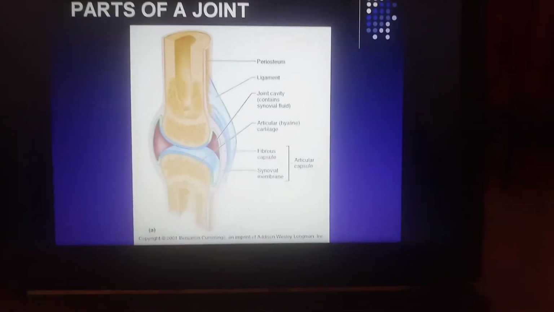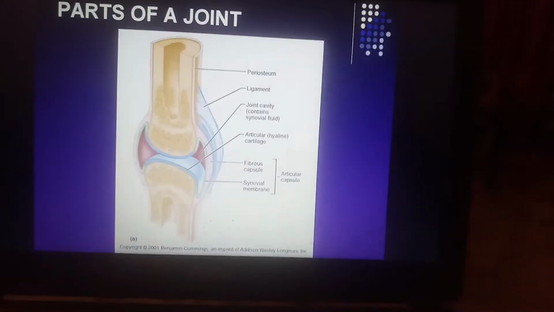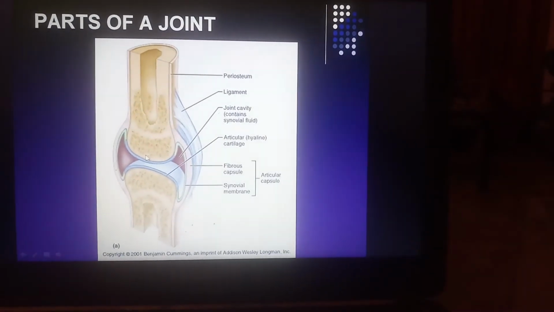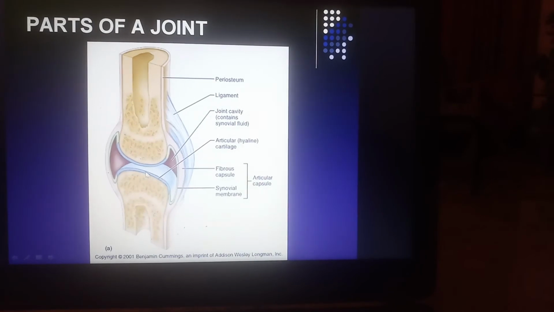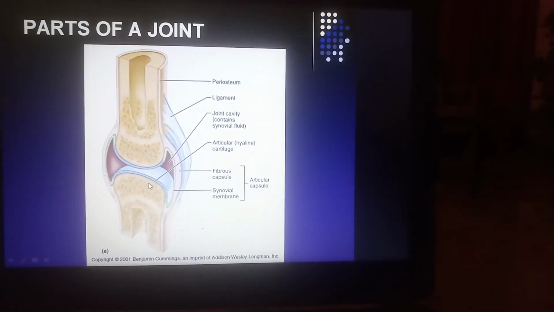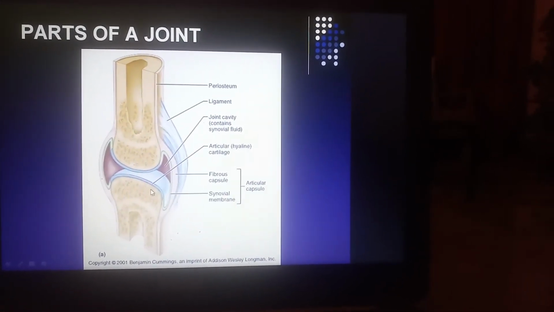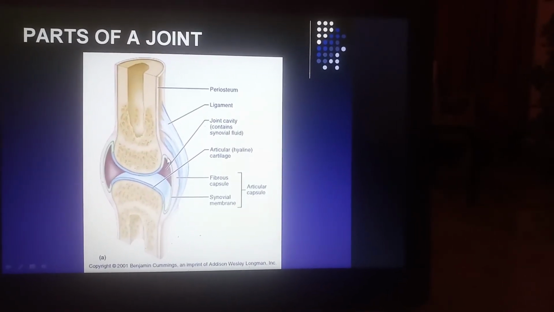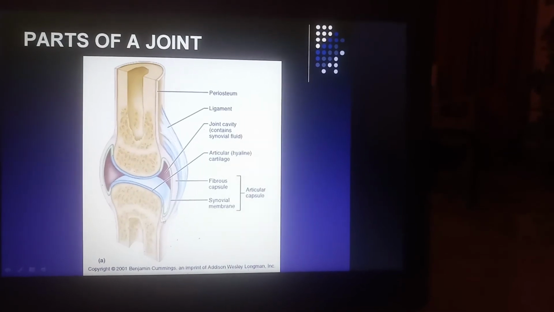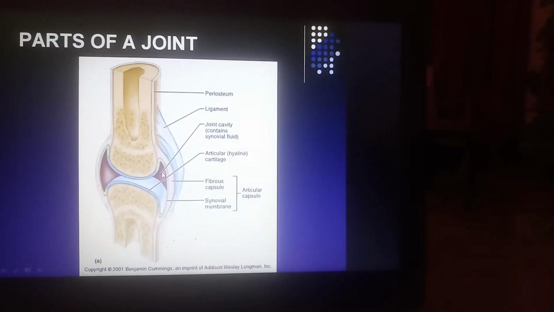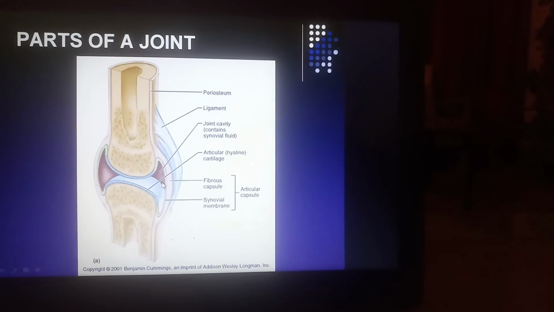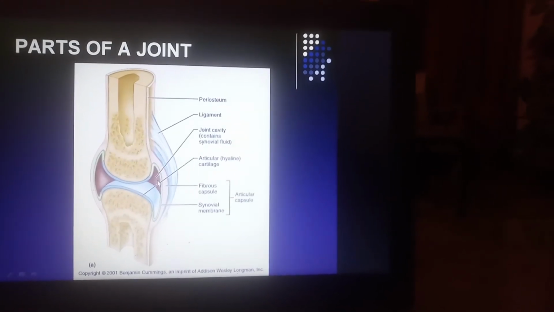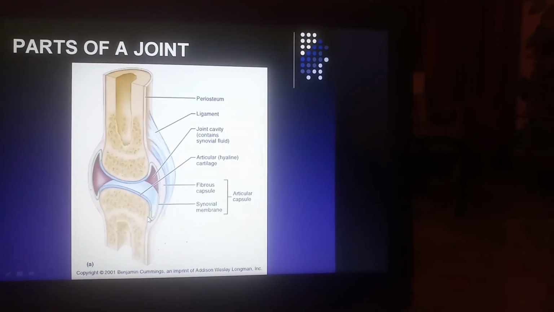So in this diagram you can see the parts of a joint. You can see here the articulating ends of the bone, which are covered by the articular cartilages, for example, the hyaline cartilage. Then this one is the fibrous capsule, which encloses the joint cavity, and the synovial membrane lining the inner surface of the fibrous capsule is here.